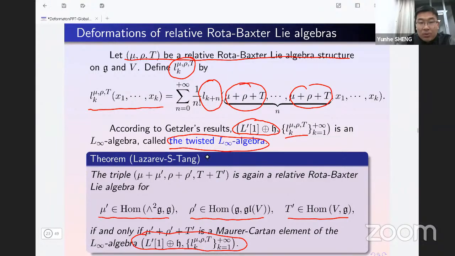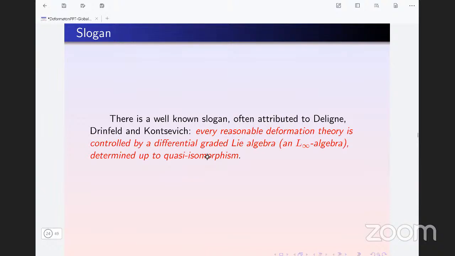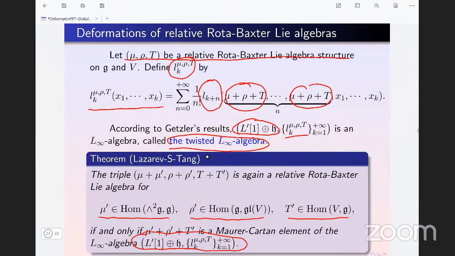Actually, the twisted L infinity algebra is still an L infinity algebra. It is just twisted by that particular element, but it is still an L infinity algebra, not something more general.